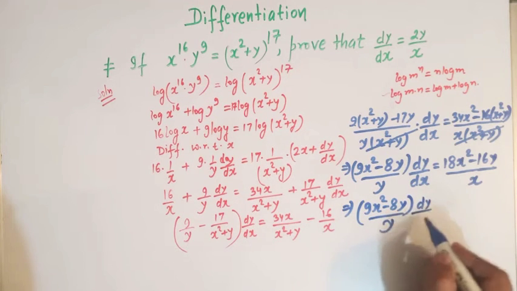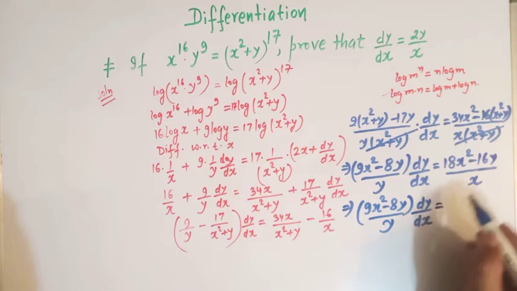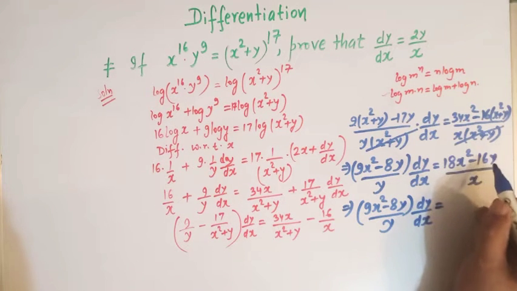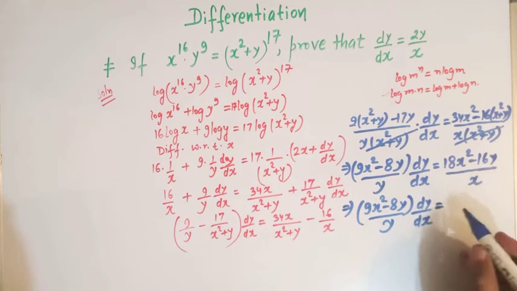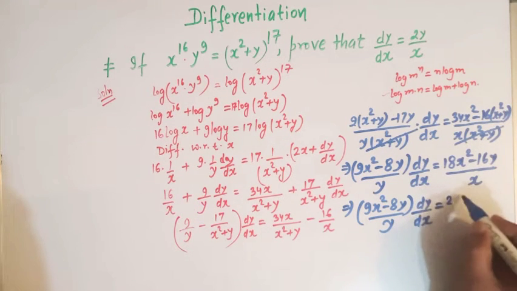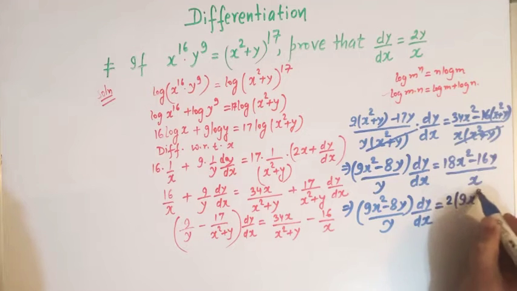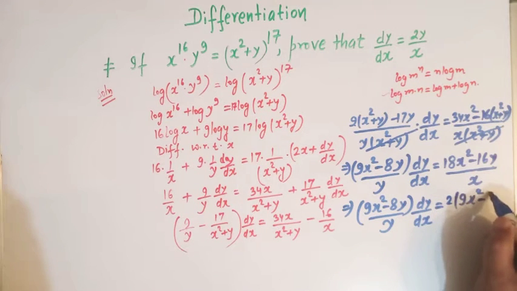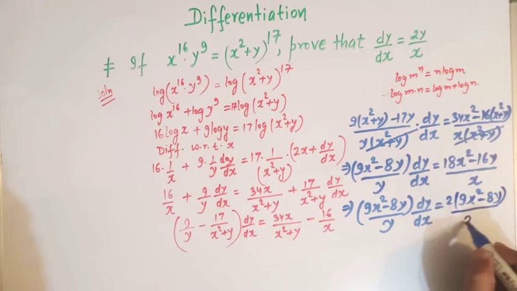This is dy over dx, and here if we take 2 common out of these two terms, we have 2 times (9x square minus 8y) divided by x.